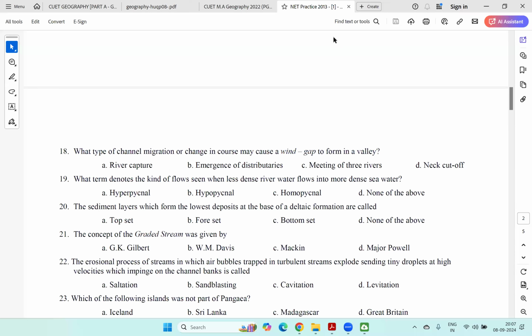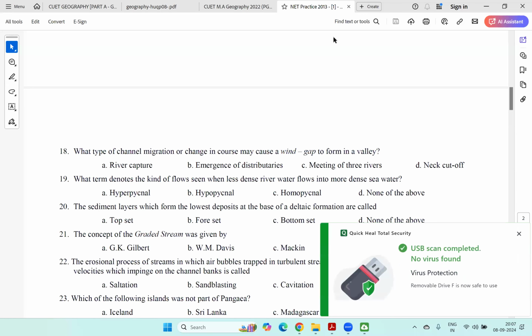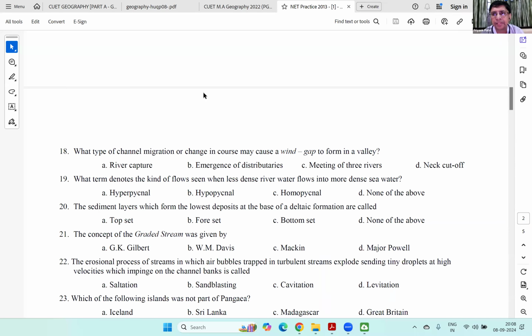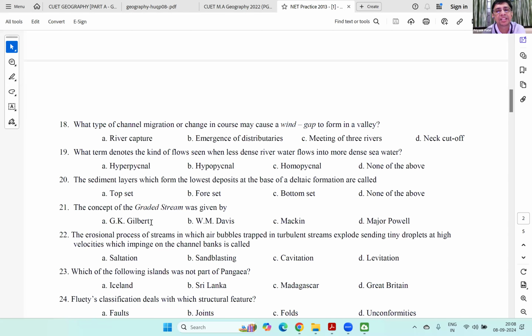Because it is only after Pangaea breaks apart that the mid-Atlantic rift develops. And once the mid-Atlantic rift develops, due to a magma plume coming up below the mid-Atlantic rift, that is when Iceland forms.